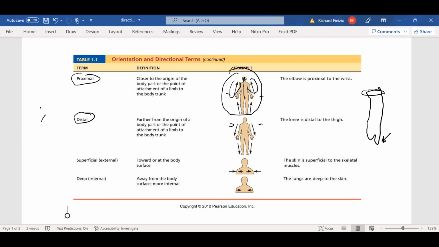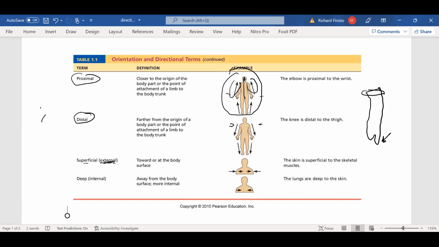Superficial and deep, we don't really talk a lot about with bones, but we may talk about more superficial muscles. Like the trapezius muscle is superficial to the rhomboid muscle, which is in the back. And you'll see what that means. Like the deltoid muscle is your shoulder muscle, which is superficial to a deeper muscle like the supraspinatus, which you'll learn later.